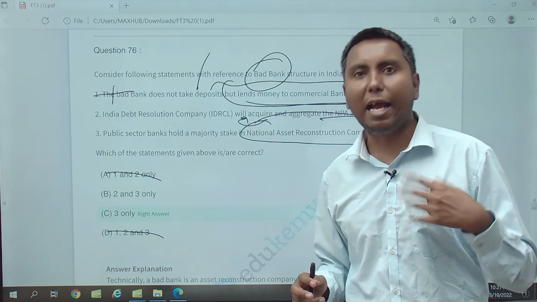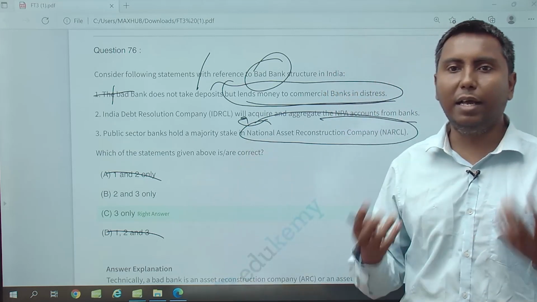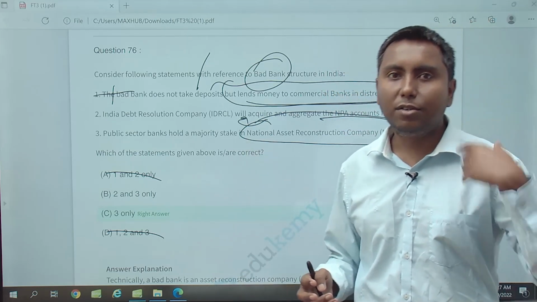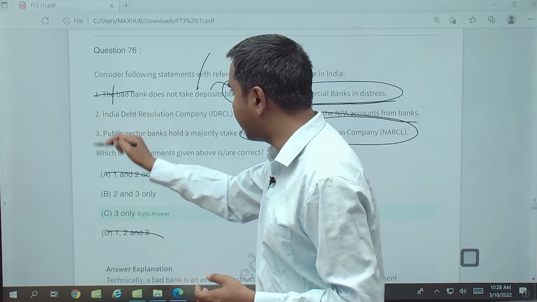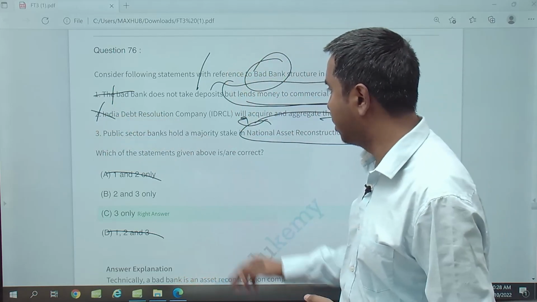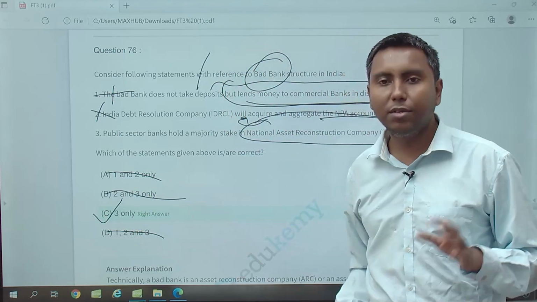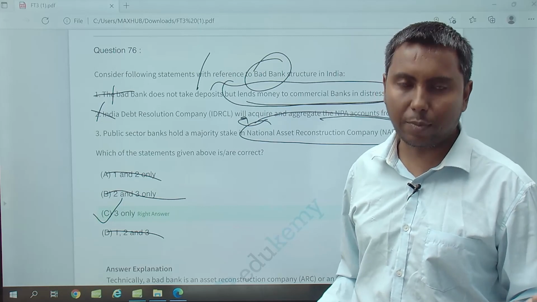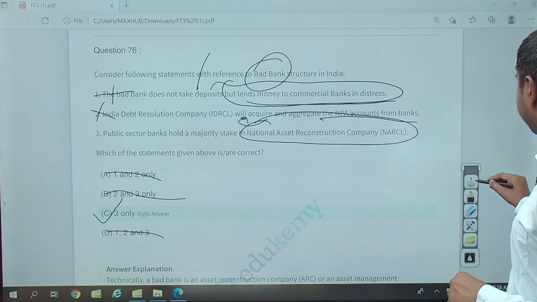And then there is IDRCL. After acquisition by NARCL, IDRCL will try to resolve the debt. So statement number 2 is also incorrect. If 2 is also incorrect, the only option you have is 3 only. Public sector banks indeed hold a majority stake in NARCL, right?